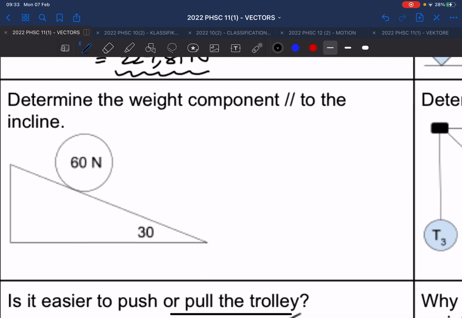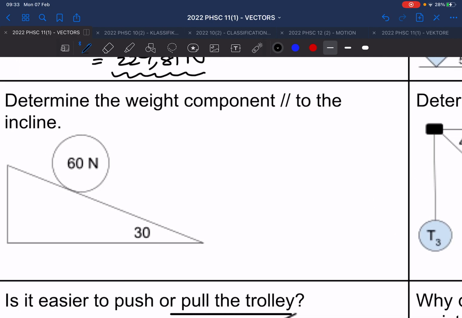Then the next one is there's a ball that will be rolling down the incline and they just ask you to take the weight component, Fg, weight, and you must get the component parallel to the incline. Okay, so if you draw in that force, remember Fg is in what direction again?